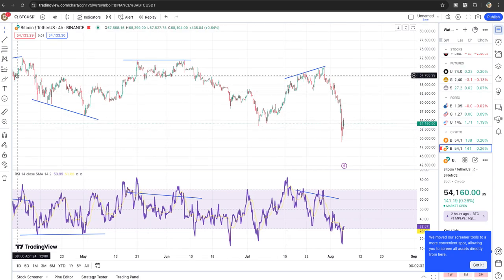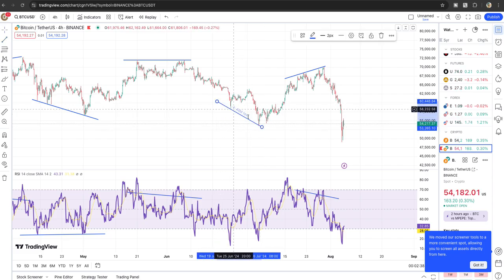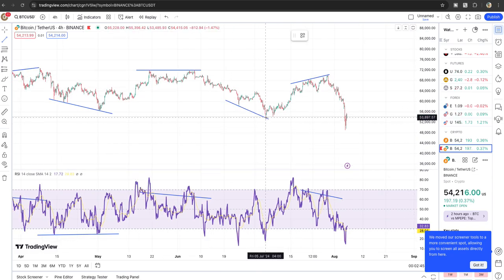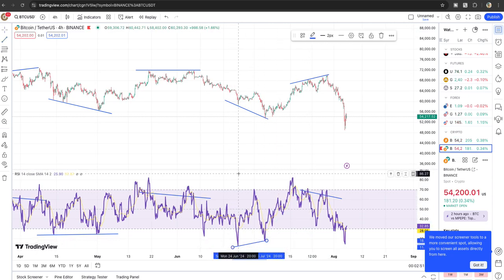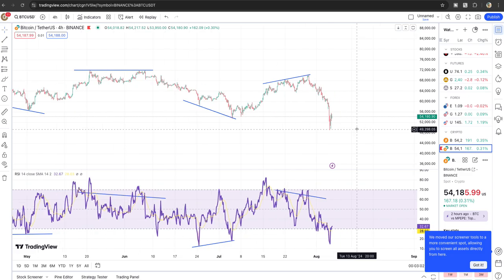And the second place, here I'm drawing two lower lows, and then I'm going back to the RSI. You can see this is the bottom, and it's here, and you can see these are higher lows in the RSI, and that's the way you can identify the bottom.